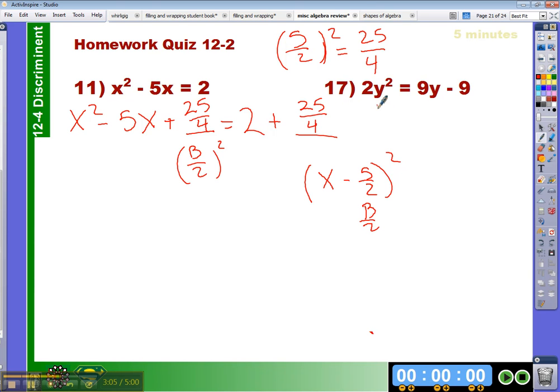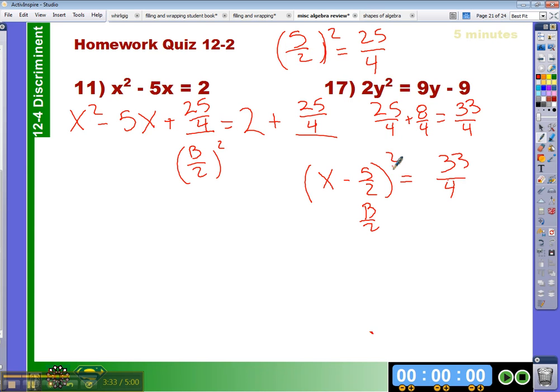So I have 25 over 4 plus 8 fourths, and that's equal to 33 fourths. So x minus 5 over 2 squared is going to equal 33 over 4. Those numbers aren't very pretty, but there you have it.